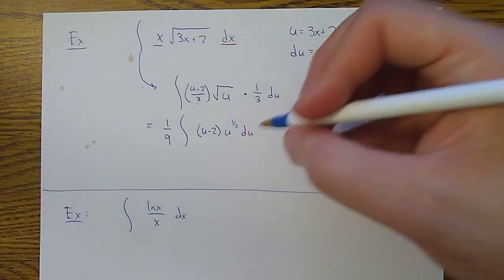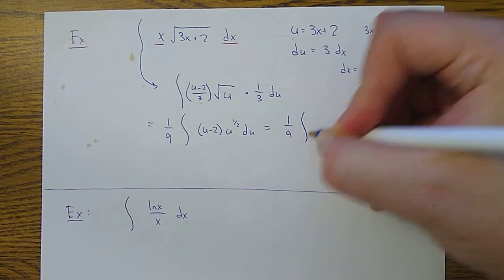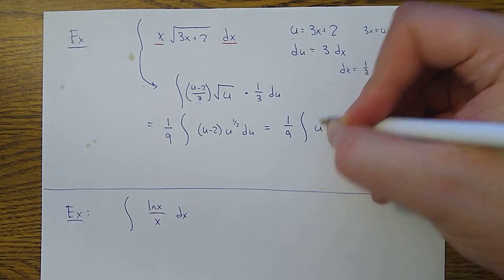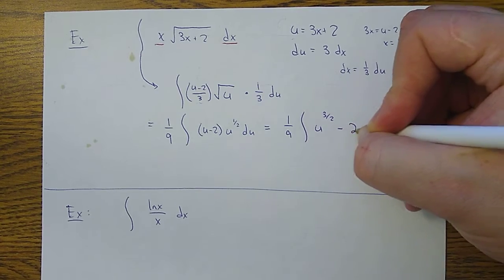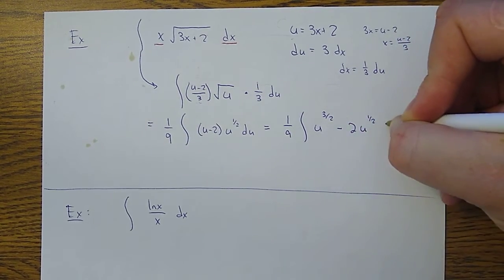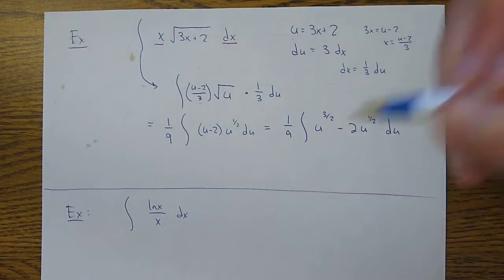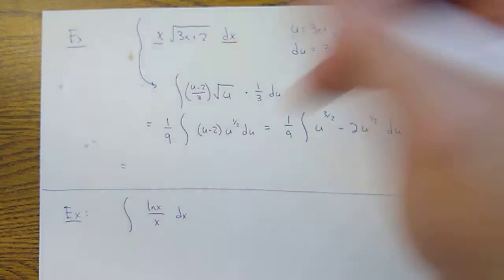Okay, so the situation is improving, but what I would really like to do is multiply this out to get all the powers of u. So I'm going to have u times u to the 1/2 is u to the 3/2 minus 2u to the 1/2. So I multiplied this out.